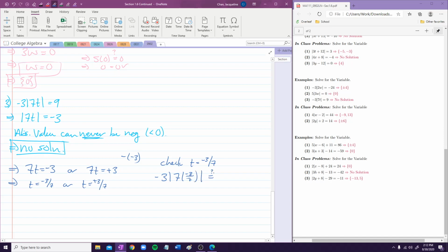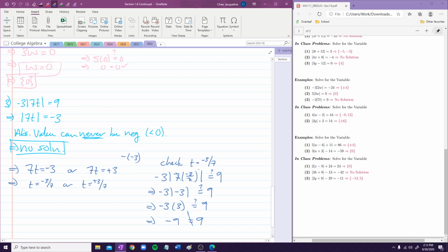Does this equal 9? I have 7 on the top and bottom, so this becomes negative 3. The absolute value of negative 3 is a positive 3, and then we're left with negative 9 is equal to 9. What is this? This is a contradiction, because negative 9 can never equal 9. That means t equals negative 3/7 is not a solution.